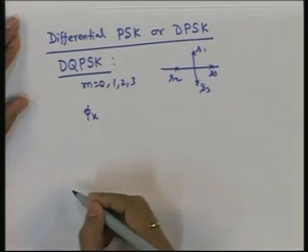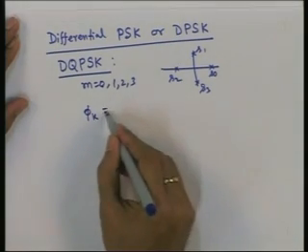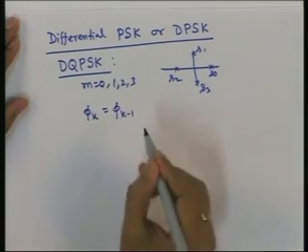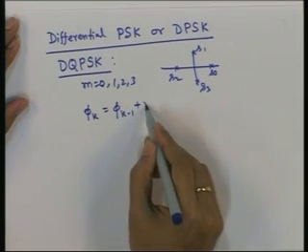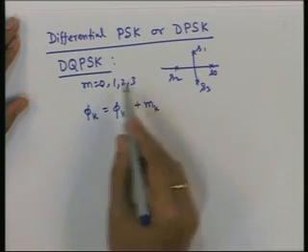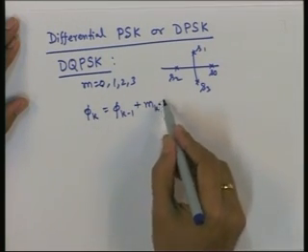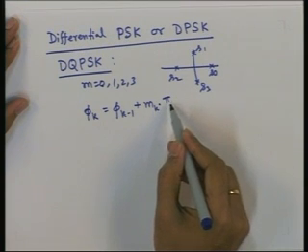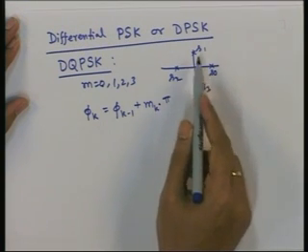So the information is encoded in the phase difference between two consecutive symbol intervals. So phi k, the kth phase of the signal that will be transmitted, is phi k minus 1 plus the kth m, that is the kth symbol that needs to be transmitted, times pi by 4. This is pi by 2.